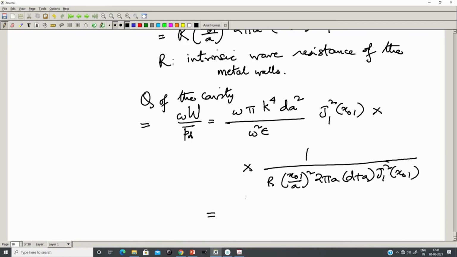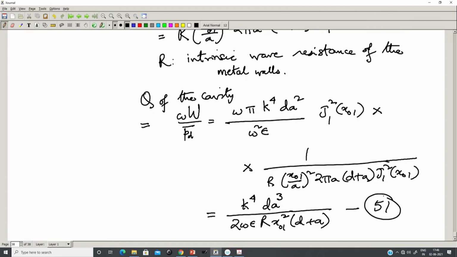And then that becomes, on simplification, k to the power 4 d A cube divided by 2 omega epsilon R x01 whole square d plus A. Call this equation 51.